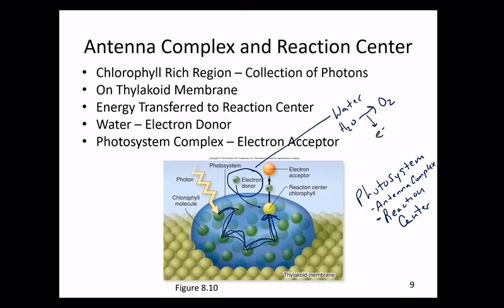And these electrons are then going to be able to be used by the electron transport chain throughout the process of photosynthesis, in particular the light reactions in the formation of ATP and the reduction of NADP for the formation of NADPH that can be used by the dark reactions.